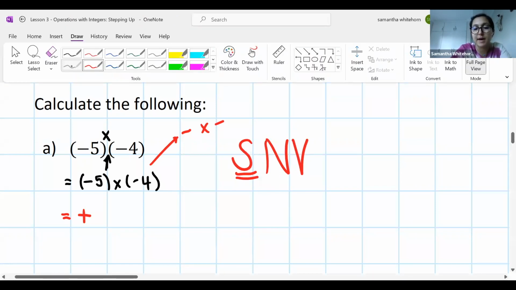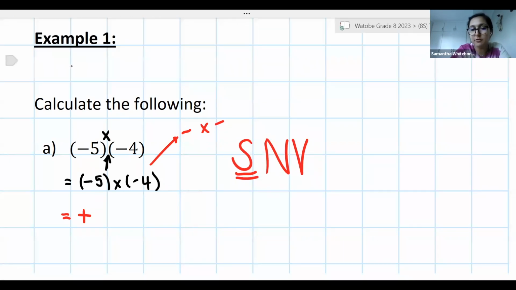I'm just putting it there to remind us that our answer should be positive. So we've dealt with the signs. Now we move on to the numbers. 5 times 4. I think we're all pretty confident with our times tables, and if you're not, don't stress, it's practice. We know that 5 times 4 is 20. And so I've dealt with my numbers.